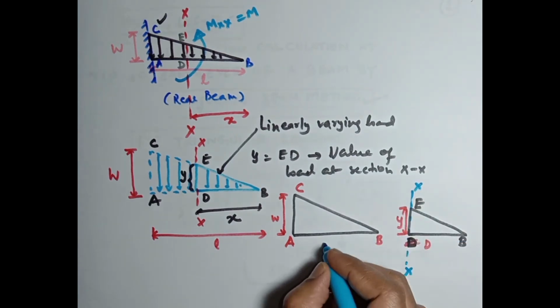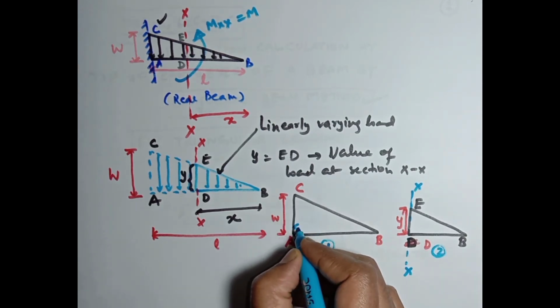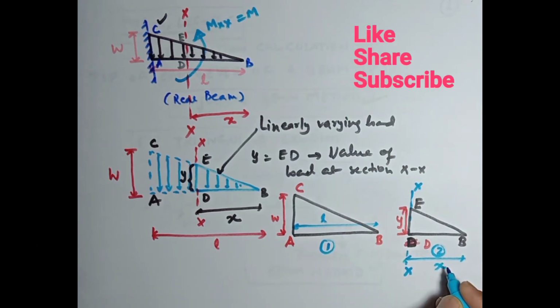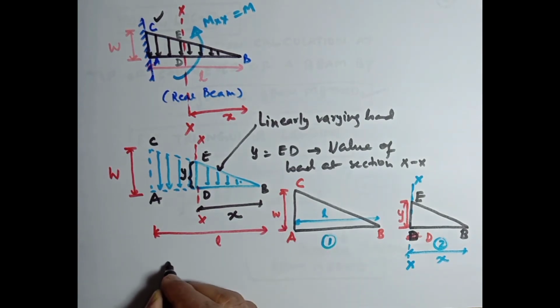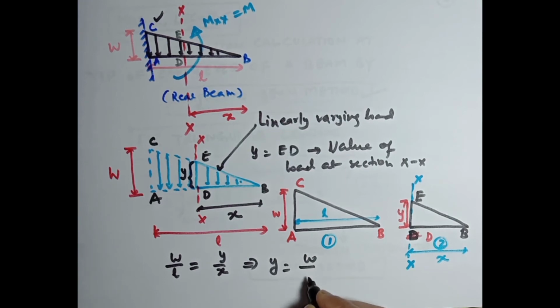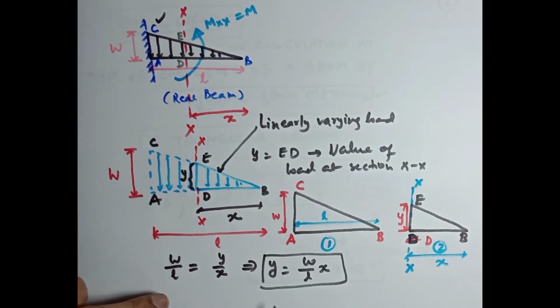So this is triangle 1 and this is triangle 2. From similar triangles, where this length is L and this length is X, W divided by L will be equal to y divided by X. Therefore y will be W divided by L into X. So you can see this is a linearly varying load, that is, y is directly proportional to x.